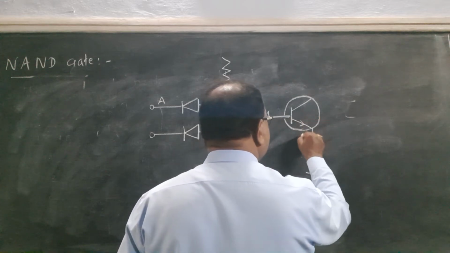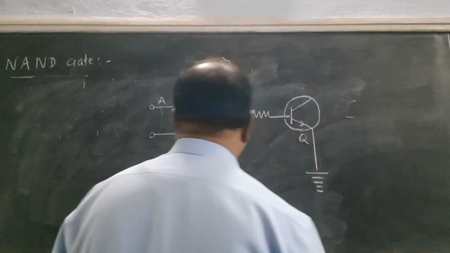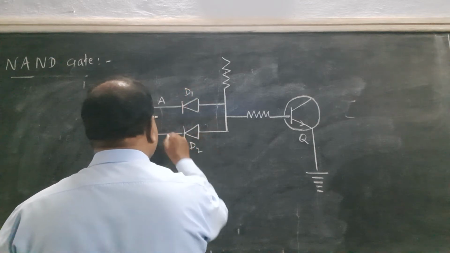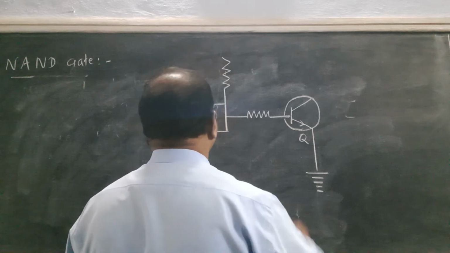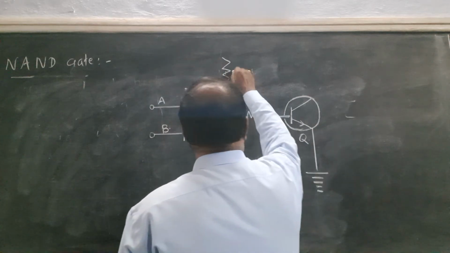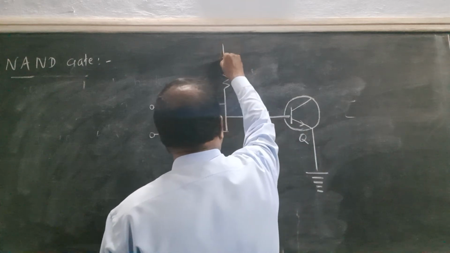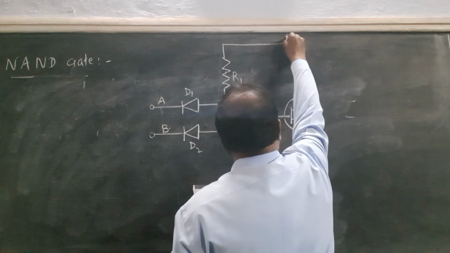This is the transistor which is represented by the letter Q. This is D1, this is D2. D1 and D2 are the diodes. A and B are the inputs which are passed through the diodes. So this is the resistance R1, and we are connecting this to the supply of 5 volt here.